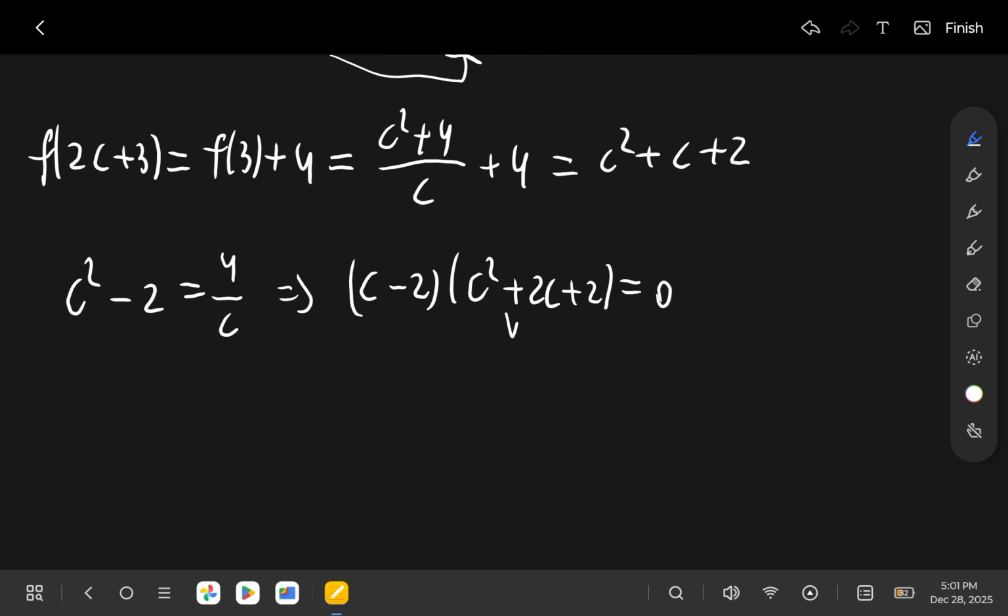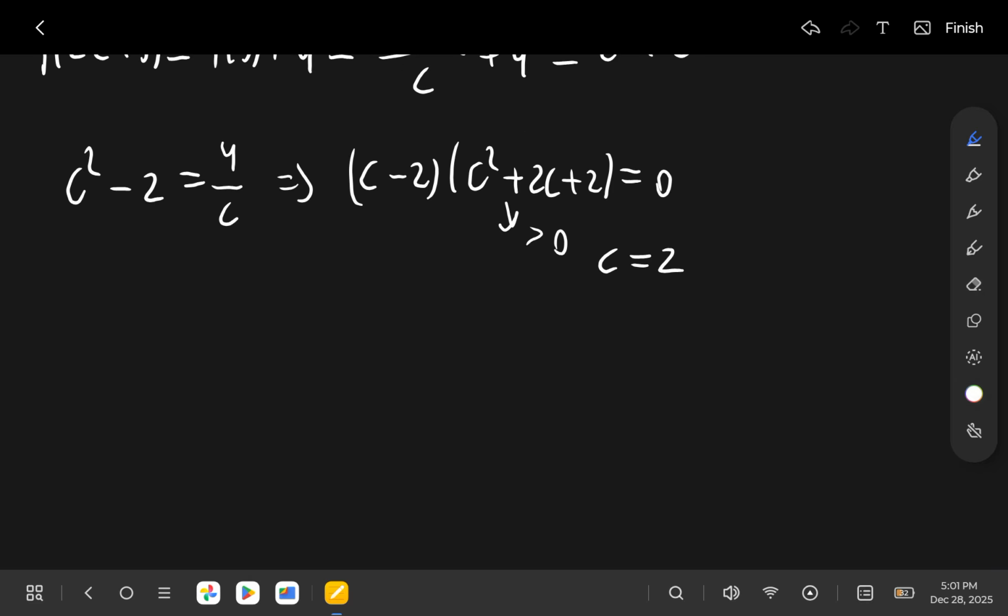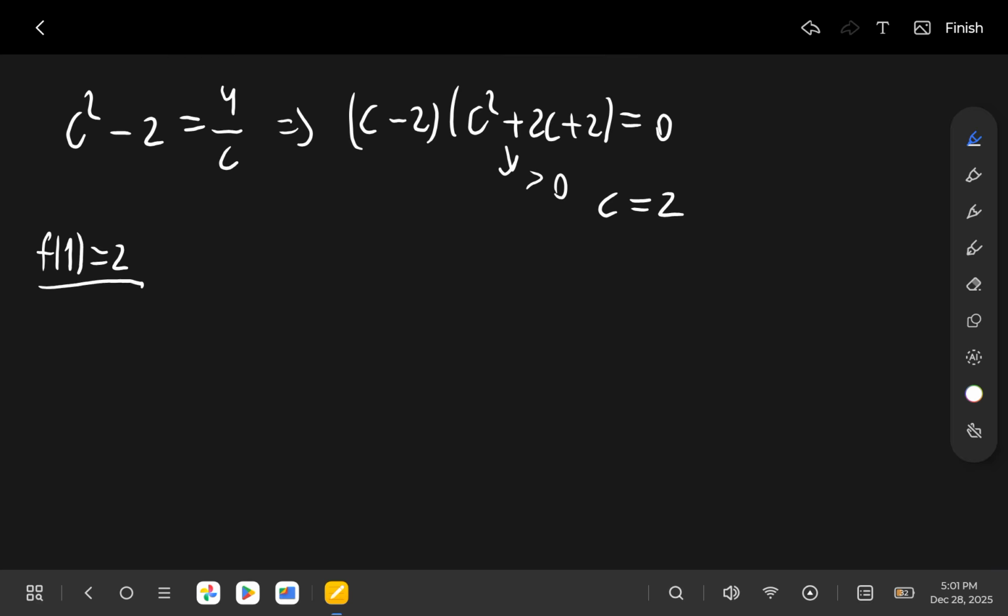Of course the second factor is more than 0. So we get that c equals 2. So since c is f(1), we get f(1) equals 2. This is our first claim, and our second claim will be that we will prove that f(x) equals x + 1.